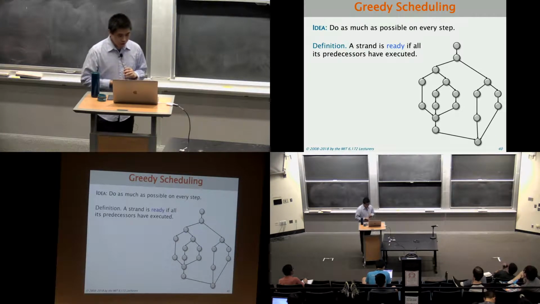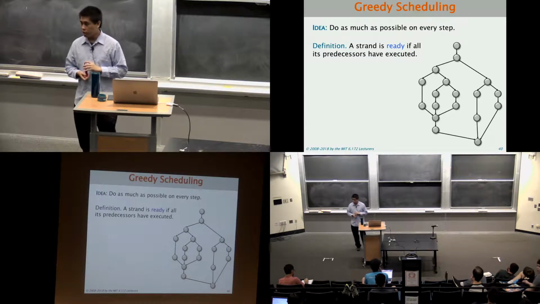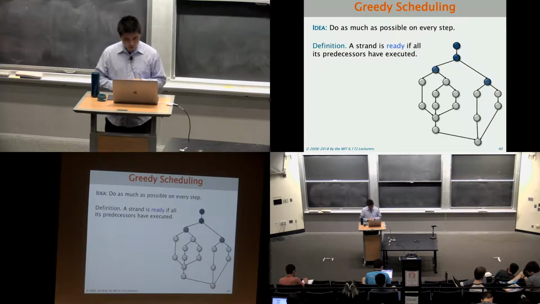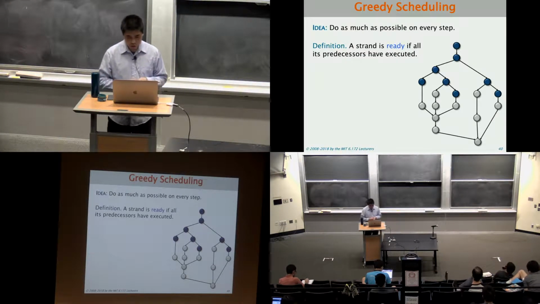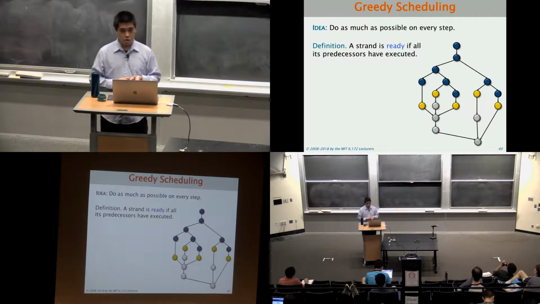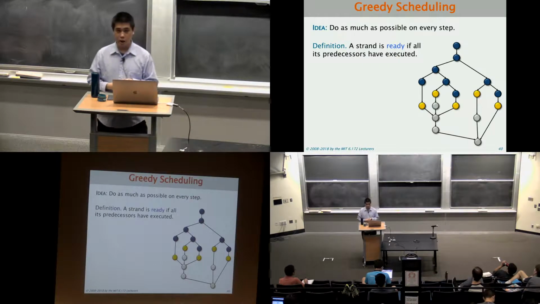We're going to define a ready strand to be a strand where all of its predecessors in the computation DAG have already executed. So in this example, let's say I already executed all of these blue strands. Then the ones shaded in yellow are going to be my ready strands because they have all of their predecessors executed already.